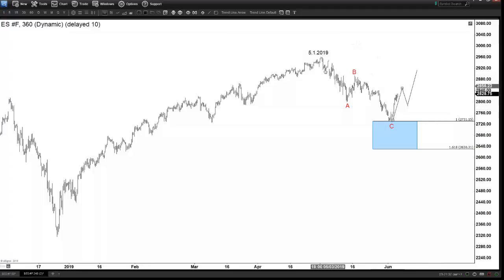Because they keep picking the top and the market keeps making new highs. So we cannot pick the top, especially if the pullback is only 3 waves. That's a no to speculating that we're going to have another leg lower. In fact, this could be your entire correction, and then we do make a new high from here.